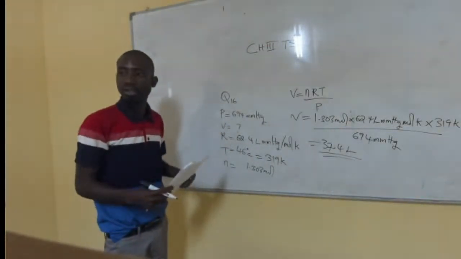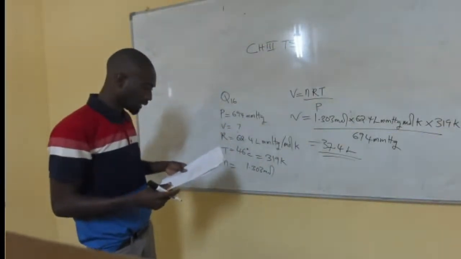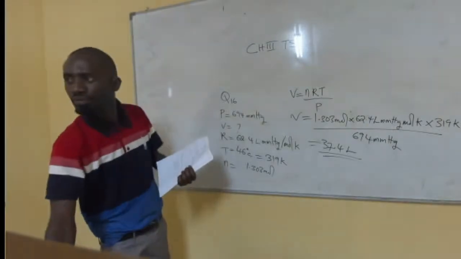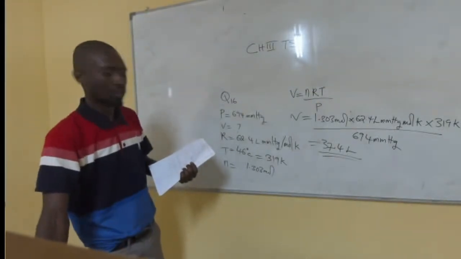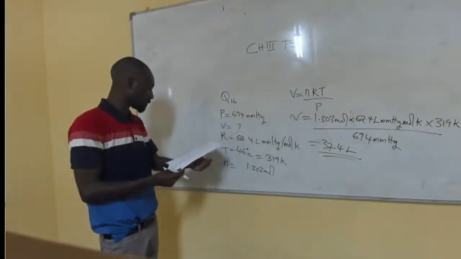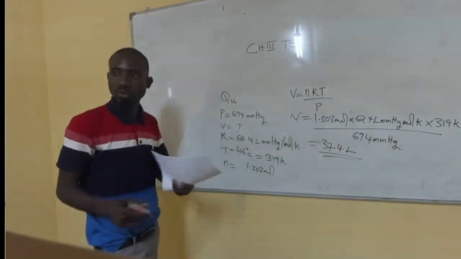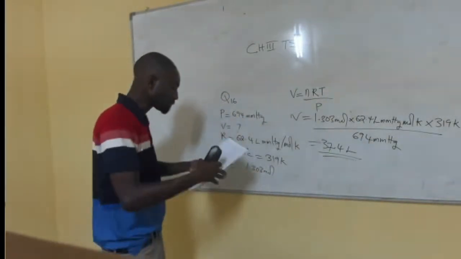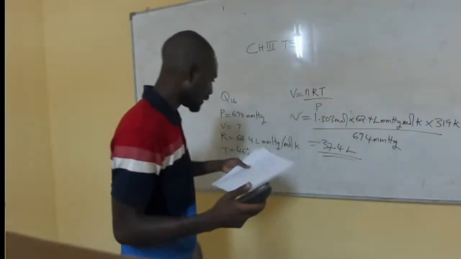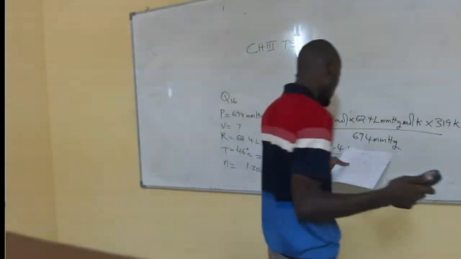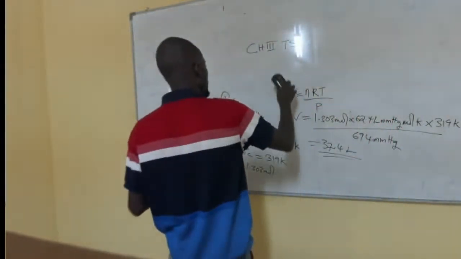So that is the most important aspect. Then we can go to question 17, which is talking about the identification of an unknown gas.